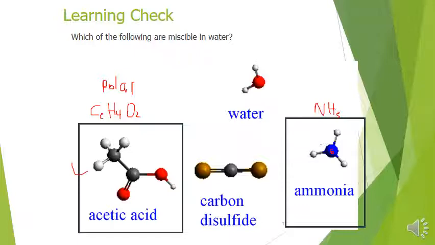There are 2 different things here: hydrogen is a thing, and lone pairs are a thing. So this is a polar molecule as well, so it's miscible in water. And carbon disulfide, you can tell whether this is polar or nonpolar if you look at the shape. There are no lone pairs on the center atom. It has the same thing attached to the center atom. So this is going to be nonpolar.